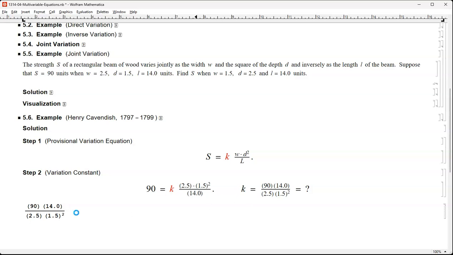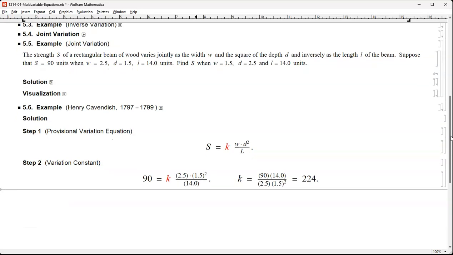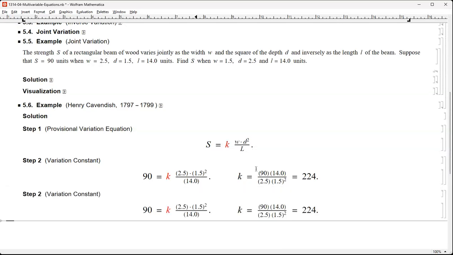I have a calculator here, so let's use it. I'm getting 224. That's my proportional constant. So now that I have this proportional constant completely identified, I can put it back into this provisional equation to get the completed equation. Step 3.